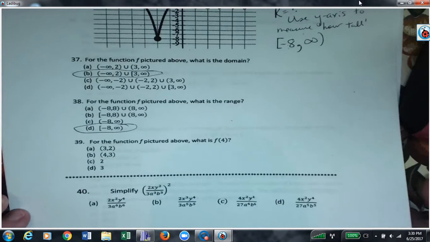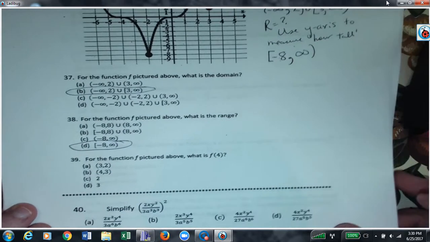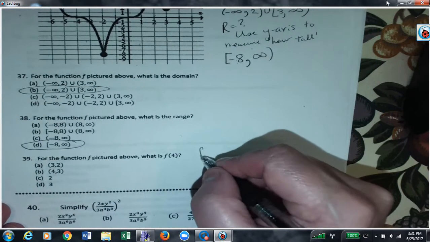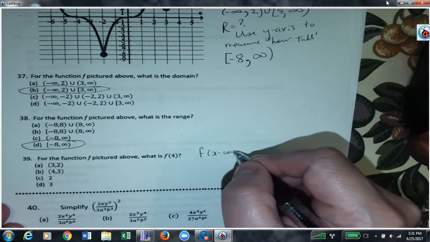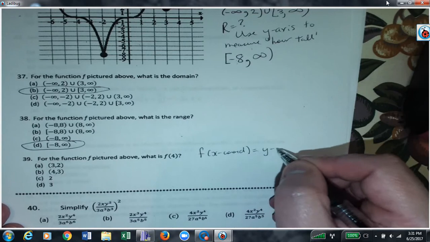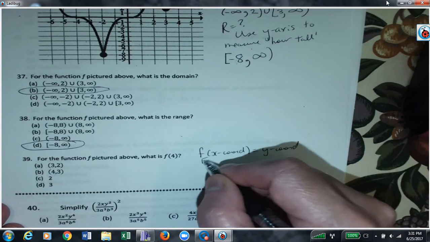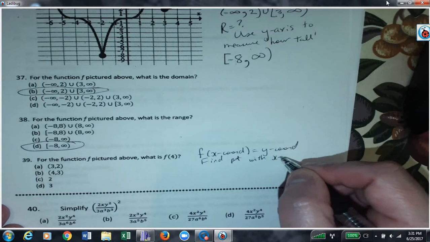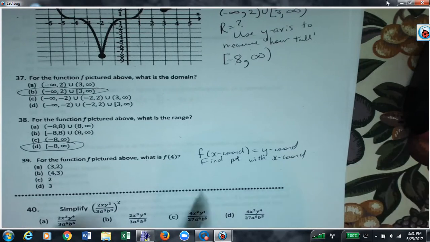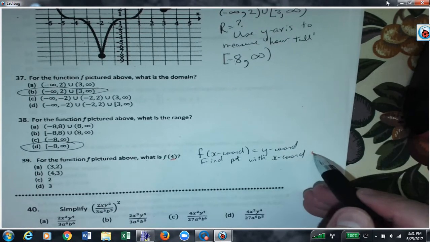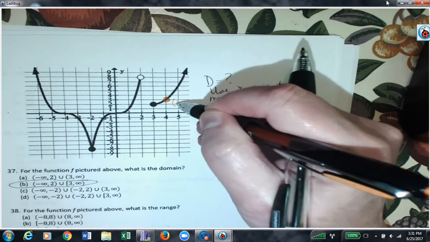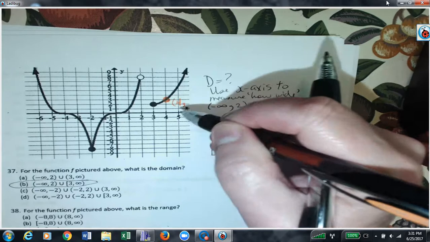39, for the function f pictured above, what is f evaluated at 4? Remember, f of the x-coordinate is equal to the y-coordinate. So I need to find the point with x-coordinate equal to 4. And there's the point with x-coordinate 4. What's its y-coordinate?